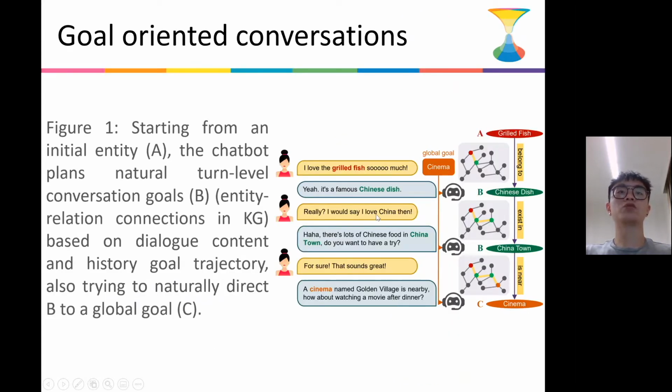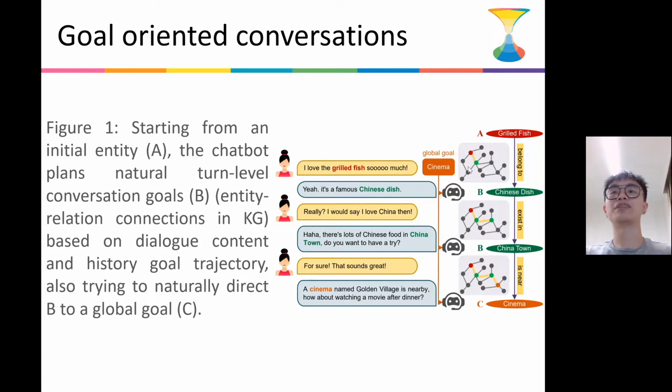So let me first introduce what goal-oriented conversations are. As shown in the figure on the right, the girl says that she loves grilled fish so much. Then the dialogue system can identify the entity in this sentence.